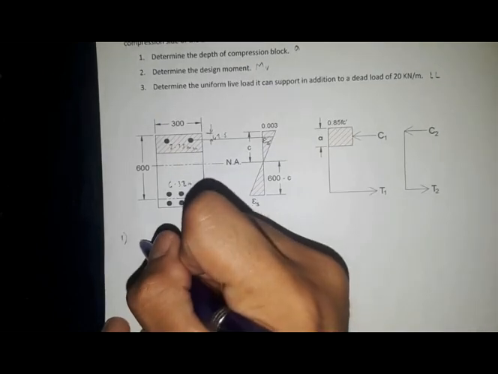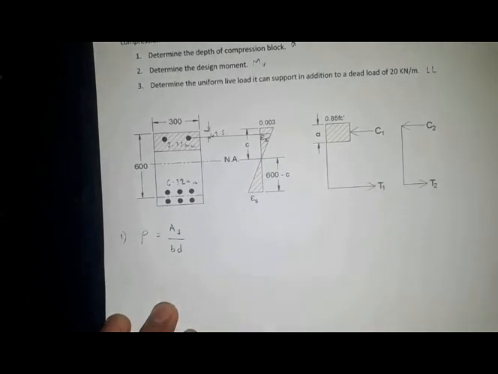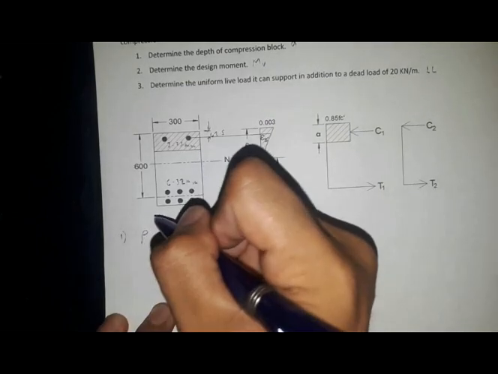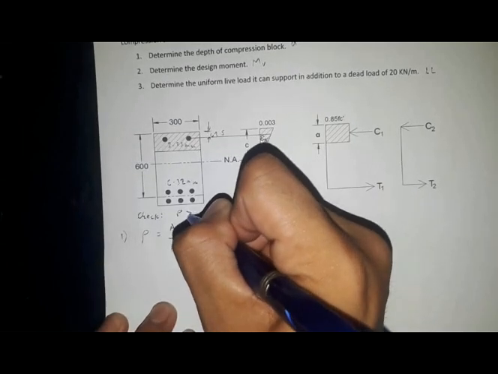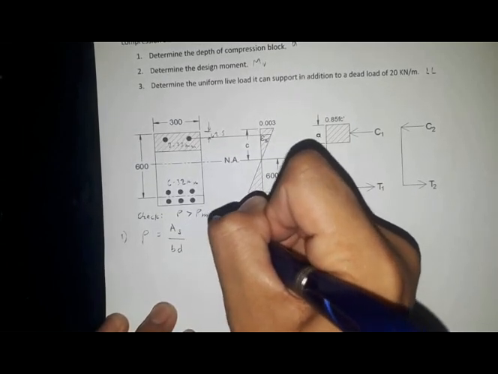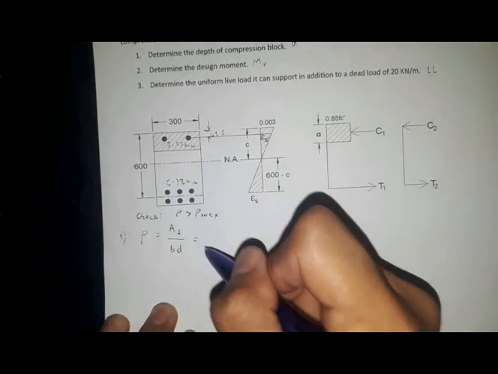We get rho, which is equal to As over bd. Let's check if rho is greater than rho maximum.